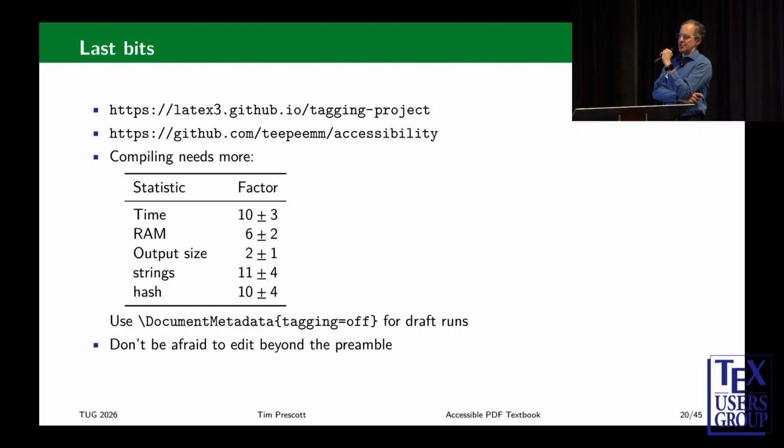The last two, the strings and the hash, are related to when you start your compilation. Lua LaTeX says, okay, I want to set aside this much memory for the commands that I'm going to define, the control sequences that I'm going to define.